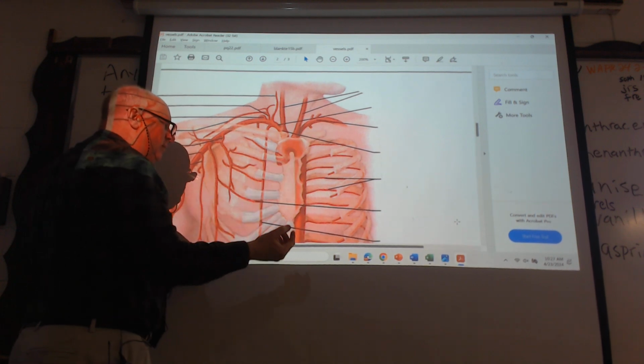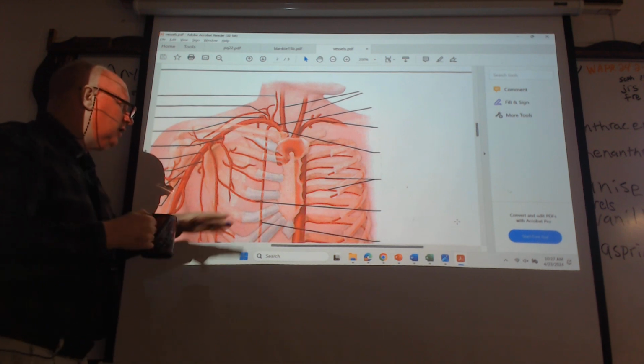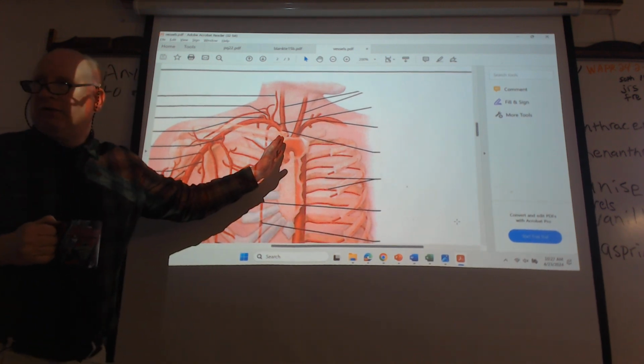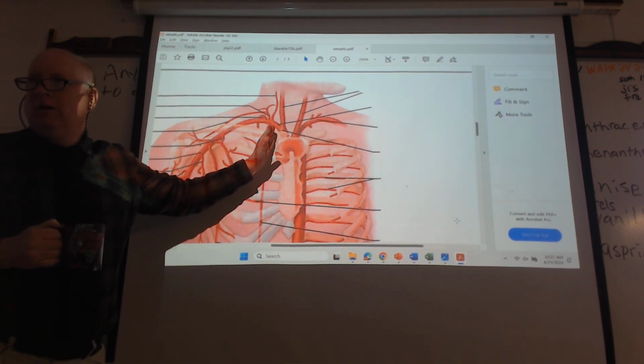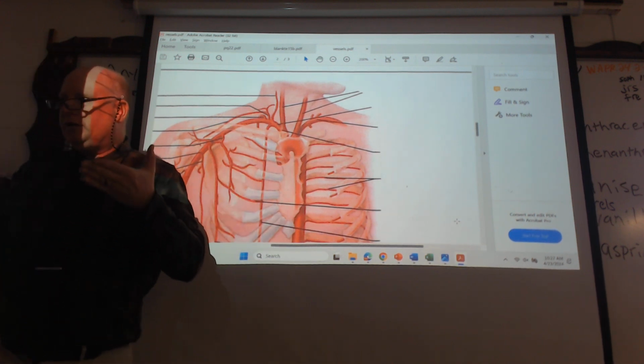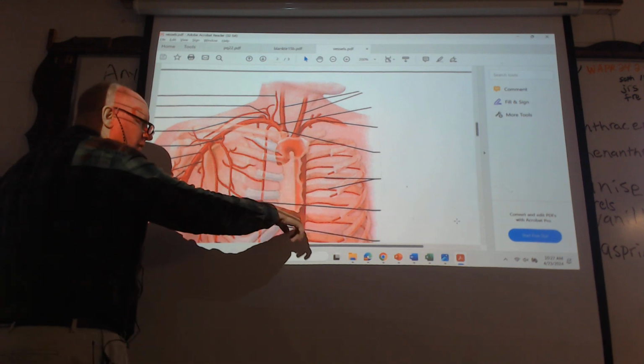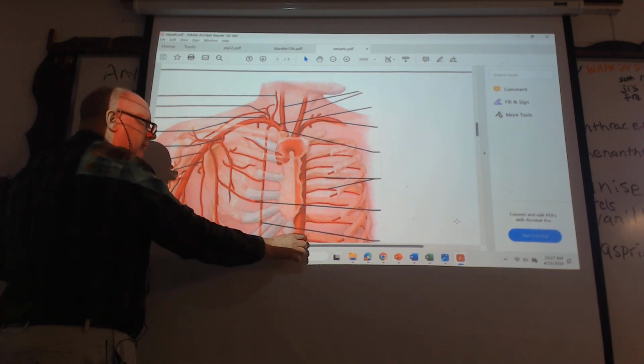We could even be specific enough to say this structure right here, it's going up just like nerve tracts within your nervous system. What would that be if signals are being sent towards the brain? The ascending aorta, okay? Because then when it's going away, we say the thoracic and abdominal aorta, okay?